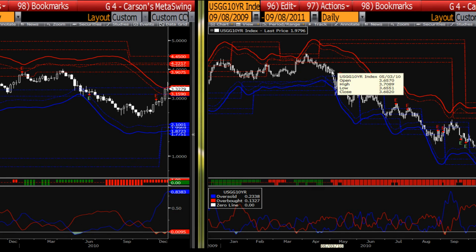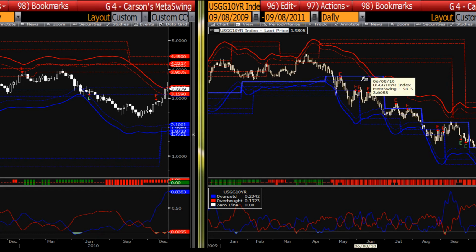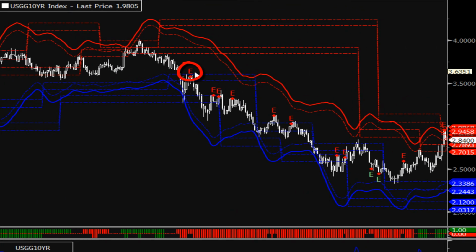So one way that you can add to positions that you're already in is by not just having the support resistance levels like you have here with the SR56, but also high probability signals, such as, in this case, since we're looking to short yields, exit longs. We're looking at volatility shifts, we're looking at low slopes, and we're also looking at, like this here, the exit long. And so these provided several excellent opportunities to add to your position.